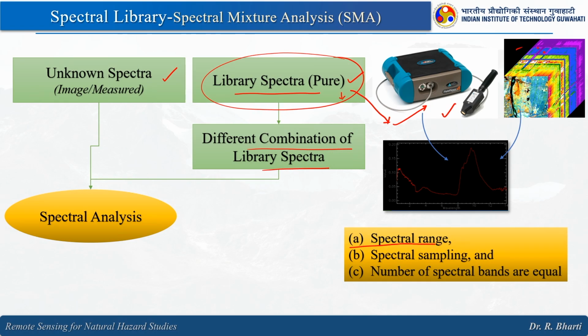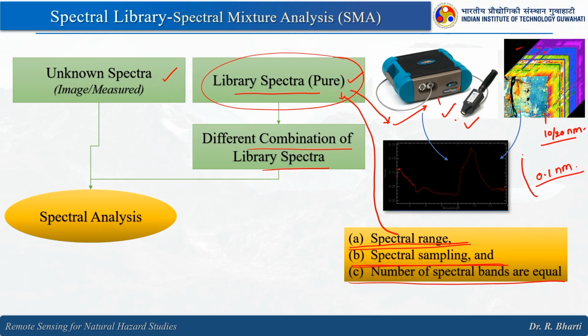Now, it is very important to note that when you are generating the spectra for the library, you should take care of the spectral range, spectral sampling and number of spectral bands which are measured here and from space, because here we have the measurement at 0.1 nanometer, right, and there you have a 10 to 20 nanometer interval.